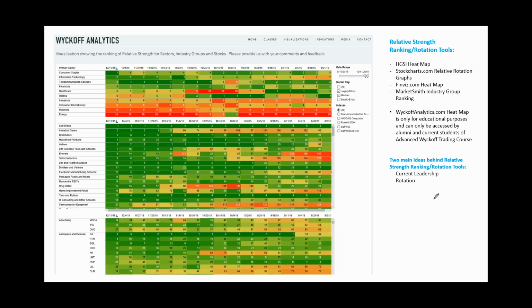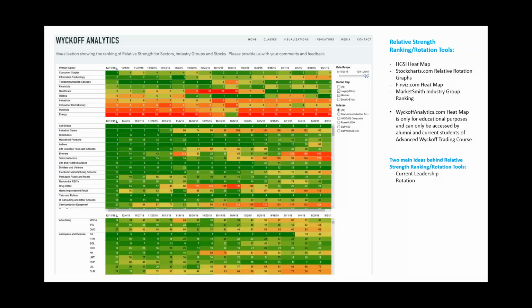The main purpose was for our students to use this product to practice their selection. And with our website, they can do this on historic examples, because there is a date range right here that you can specify, and also on the current market.